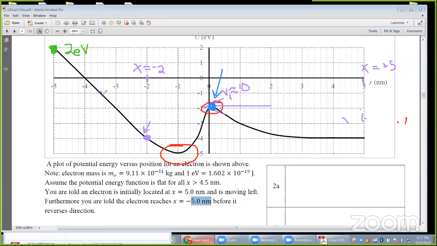Now, if I ask you to go to this point up here, let's do a different color. How about orange? If I ask you to get to this point right here, then notice the limiting factor is not the hill. If you're going to get over this hill, you're going to go up to here already.